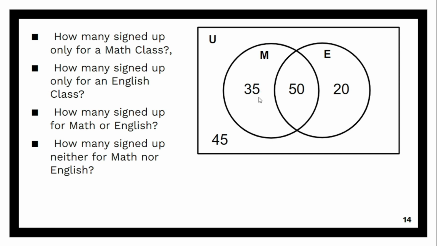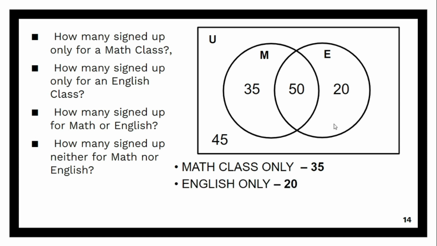Okay, so we have here math class only, nagkaroon ng 35 registered freshmen students. Ngayon, tanong naman is how many signed up only for an English class? We have 70 ba? No, only 20 students. Kasi yung 50 nga is for both math and English.